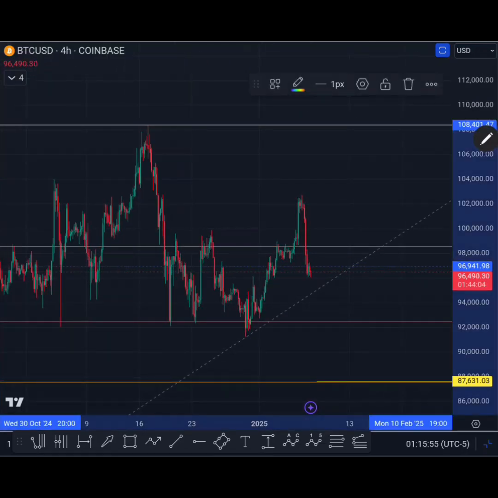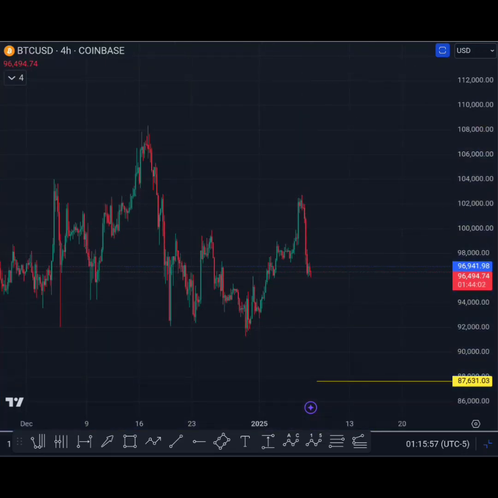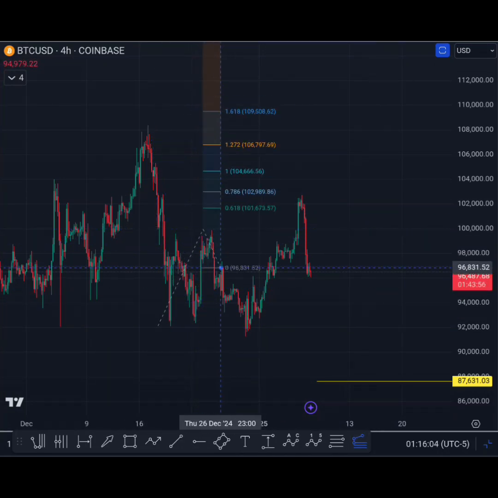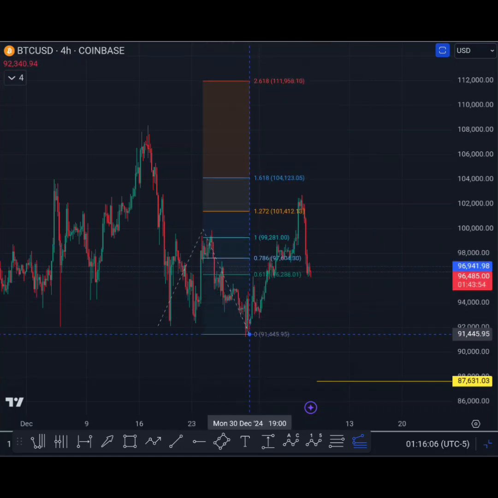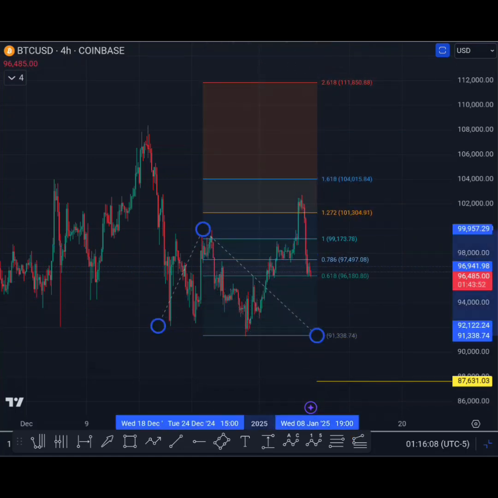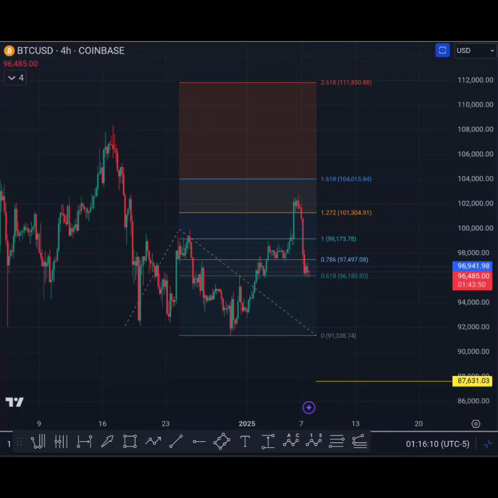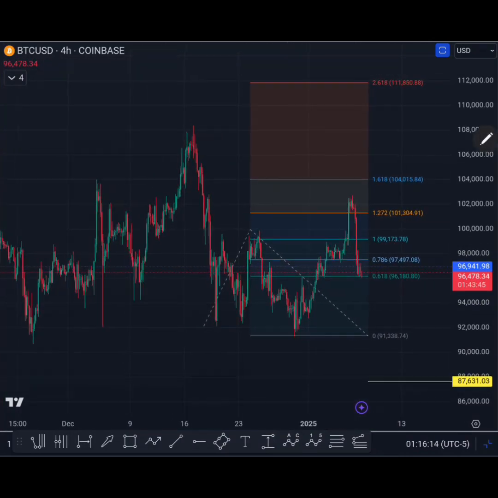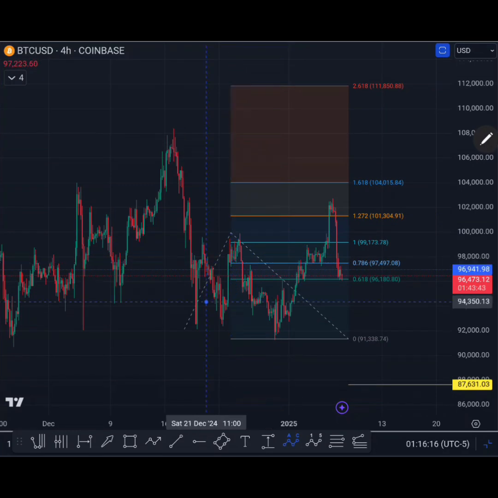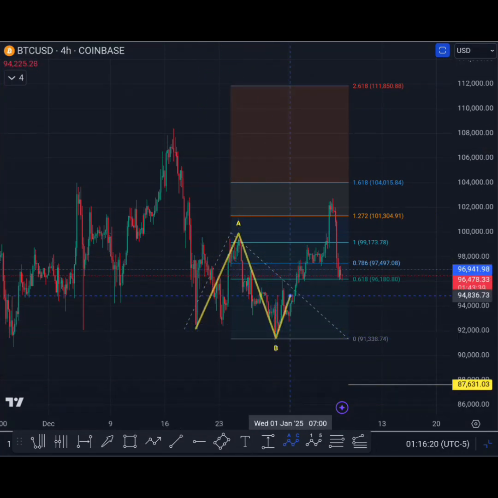And if that is the case, we can measure waves ABC, projected from the low of a potential B wave, and getting into a pocket where you'd expect the expanded flat to go. So you'd count that as being A, B, C.